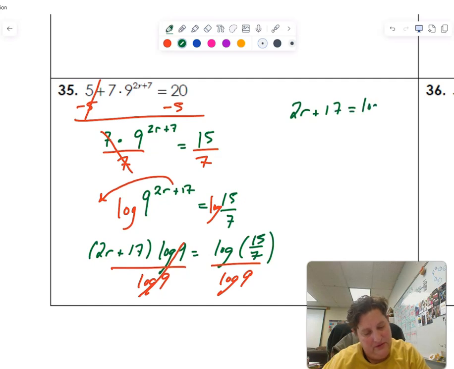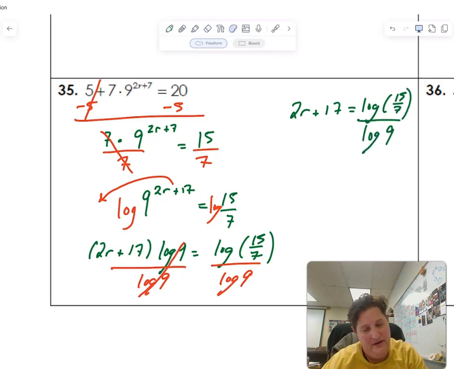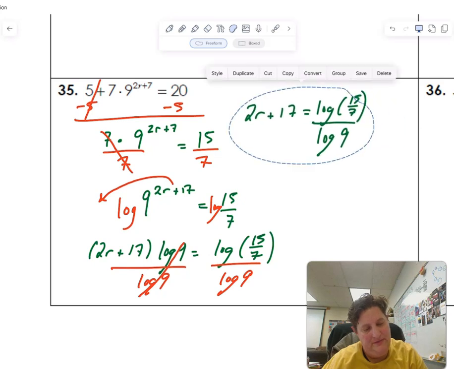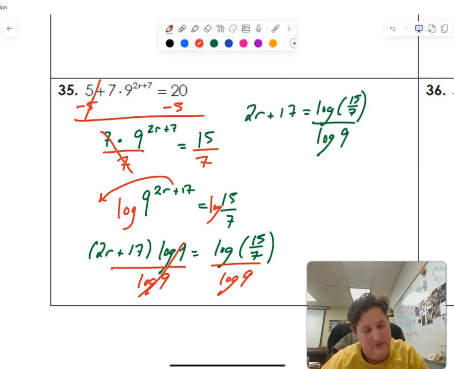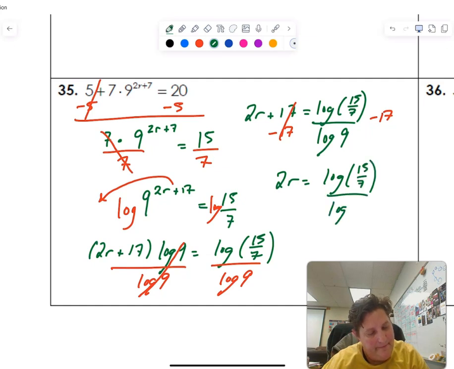So that equals log 15 over 7 divided by log 9. Okay, there's just a lot to keep track of here, guys. But at this point, all you do is subtract the 7 over. I don't even really like to rewrite all this so many times. And then divide by 2.